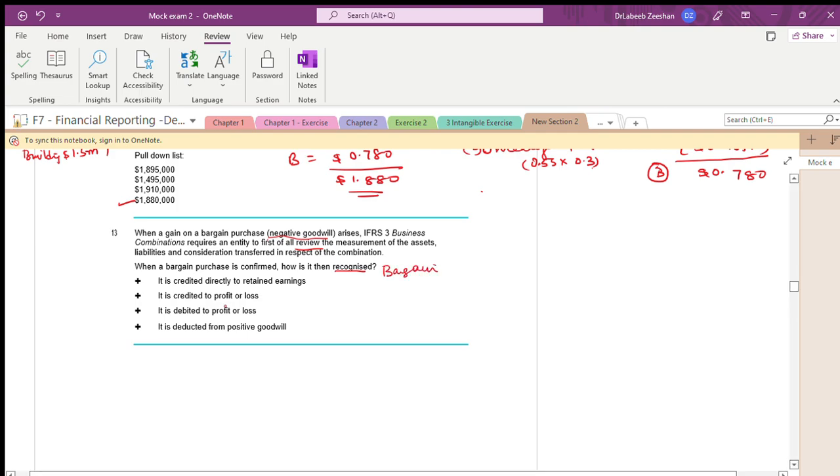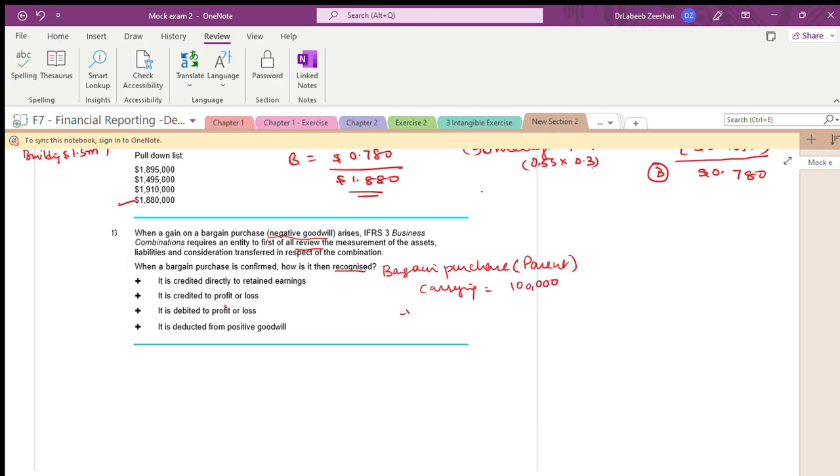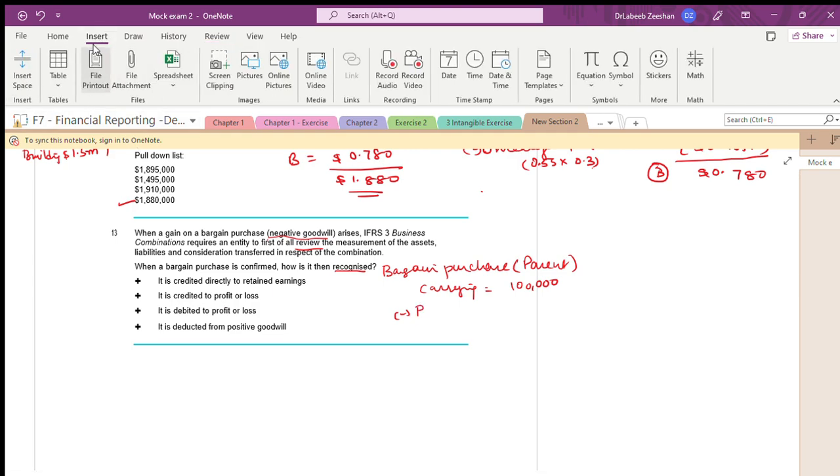Bargain purchase is nothing but, you think from the parent company. Okay, we have to think from the parent company. What is the carrying amount? Carrying amount is 100. What is the purchase consideration? It is better to put it like this.